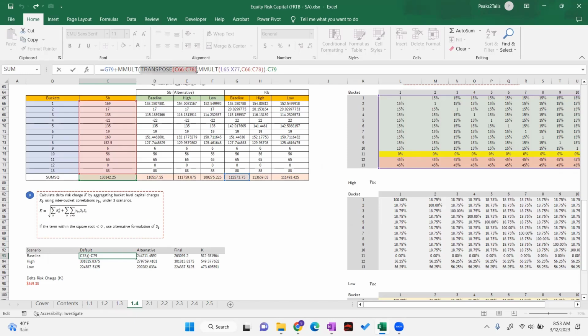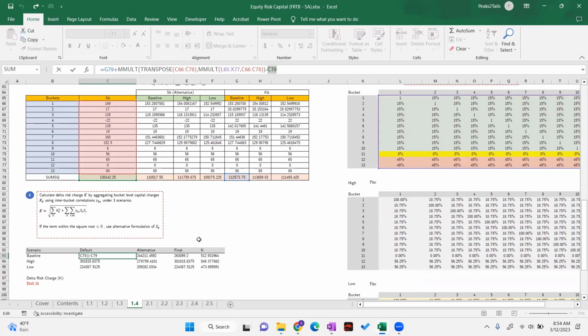SB transpose, correlation matrix. Sorry, yeah, this is the correlation matrix. And again, SB transpose, correlation matrix, SB. Add the sum of SB square, subtract the extra sum of SB square that I added, take that out. So ultimately you have the same formula.